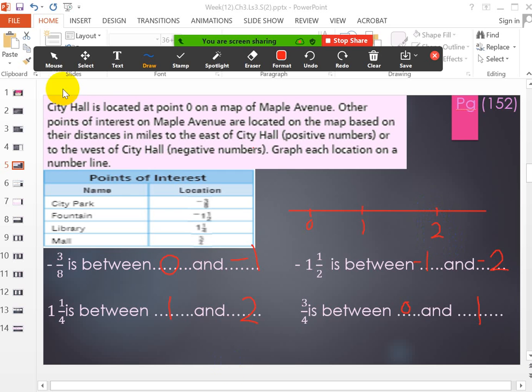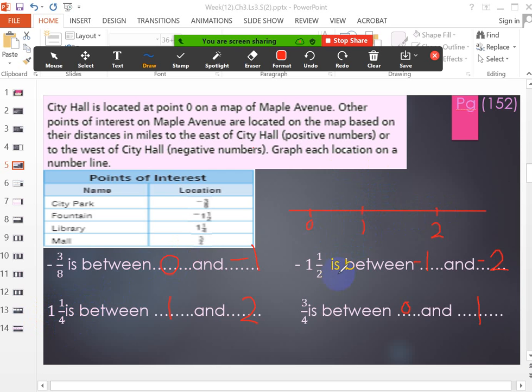So 1 and 1 over 4 is a rational number between those two wholes, 1 and 2. It will be between those two numbers in this distance, because 1 and 1 over 4 means 1 plus 1 over 4, a small number, which is a fraction.